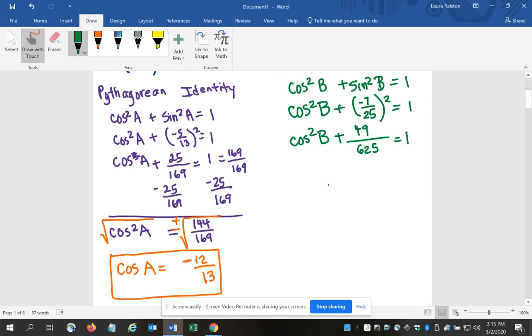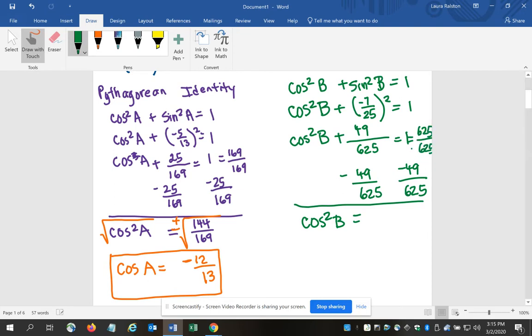So I'm going to subtract 49/625 from either side. Okay, so I have cosine squared B equals 625 minus 49 is 576. Remember, 1 whole would be 625 over 625, minus 49 is 576 over 625.